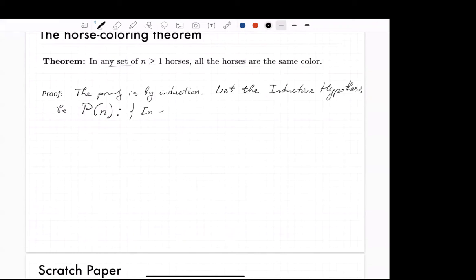So in every set of n horses, all of them are of the same color. Okay, sounds reasonable. Because my proof is by induction, I'm going to check the base case. So I'm checking the base case.